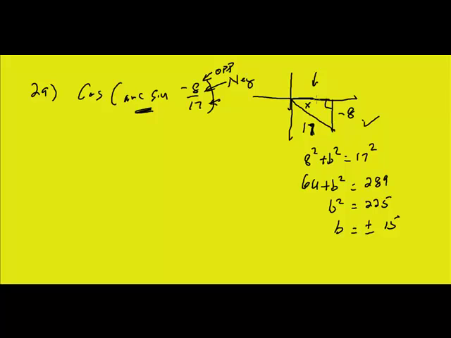This is positive, so that's going to be positive 15. Now what is cosine of that? Cosine is adjacent, which is 15, over hypotenuse, which is 17, and that's the final answer.